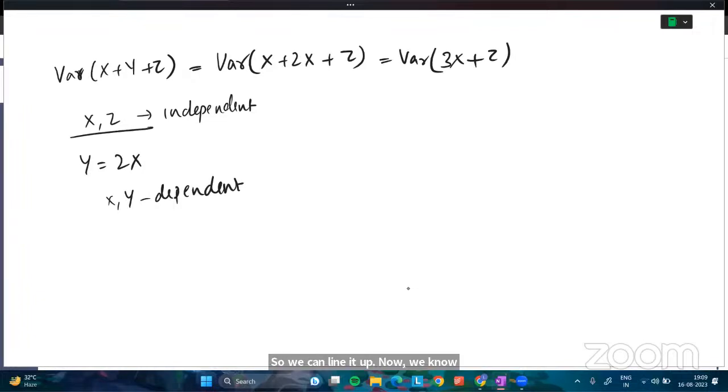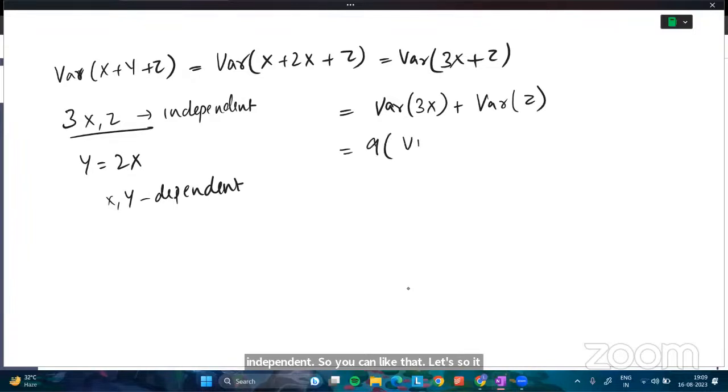Now we know that x and z are independent. So if x and z are independent, then 3x and z will also be independent. So you can write this as 9 times variance of x plus variance of z.